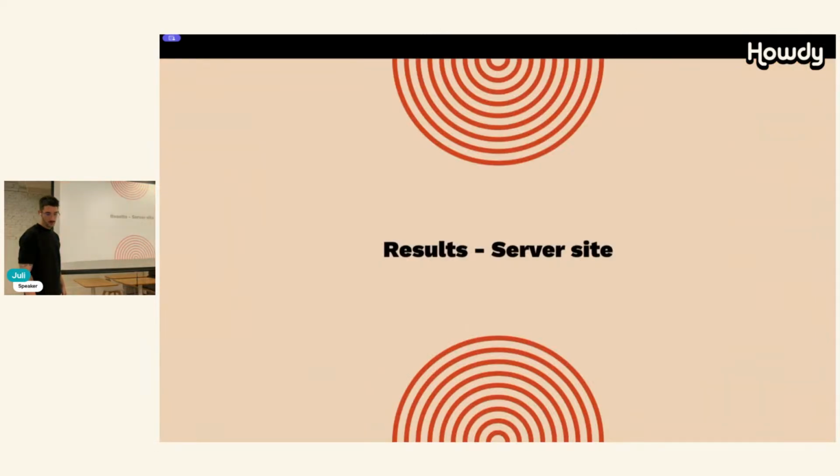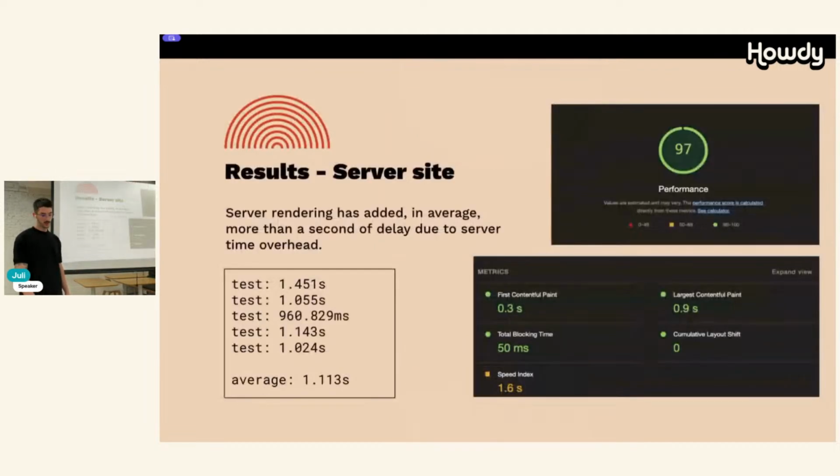We're gonna de-optimize it a little bit, and we're gonna use server side instead of static side. So going back to the concepts, what's gonna change? We're gonna waste server time. We're gonna rebuild the site on each render, on each request, and we're gonna waste precious time on the server. How much time? We're gonna waste about a second there.